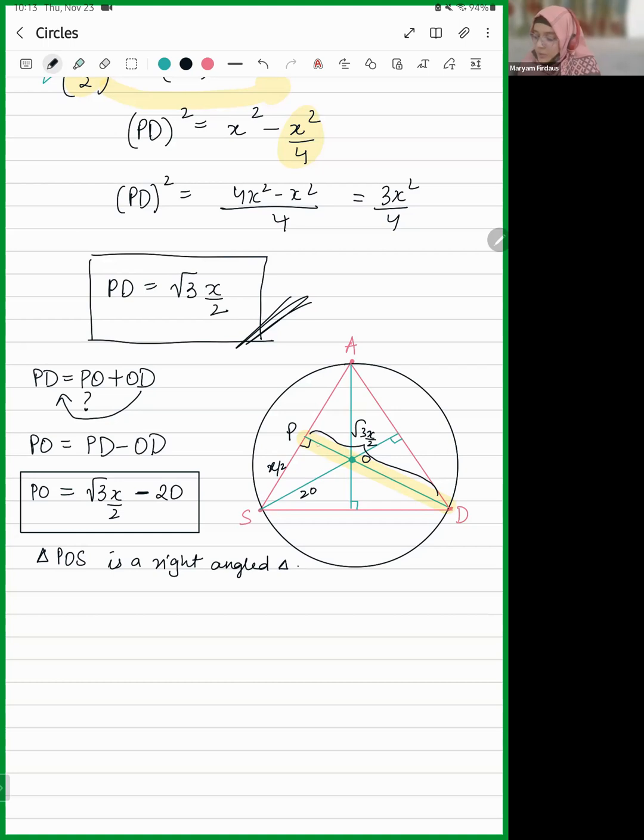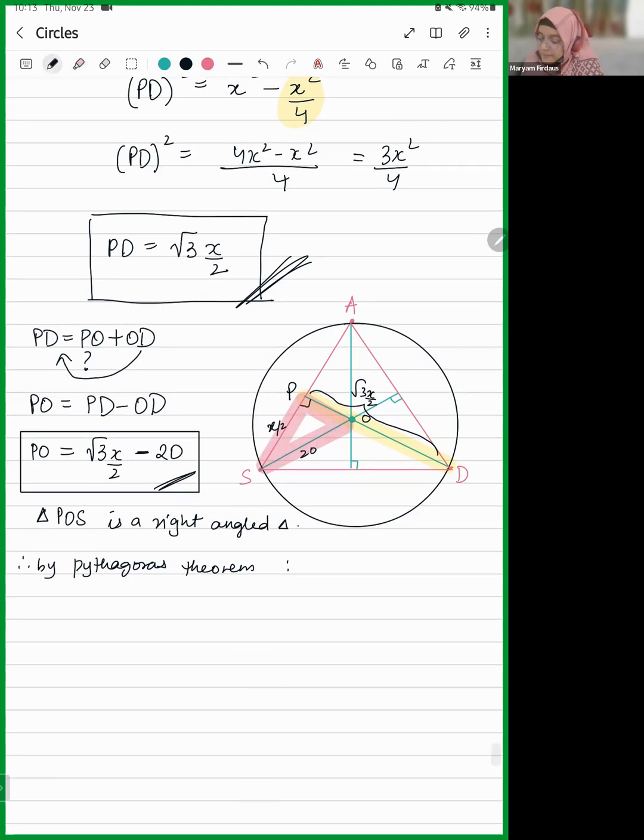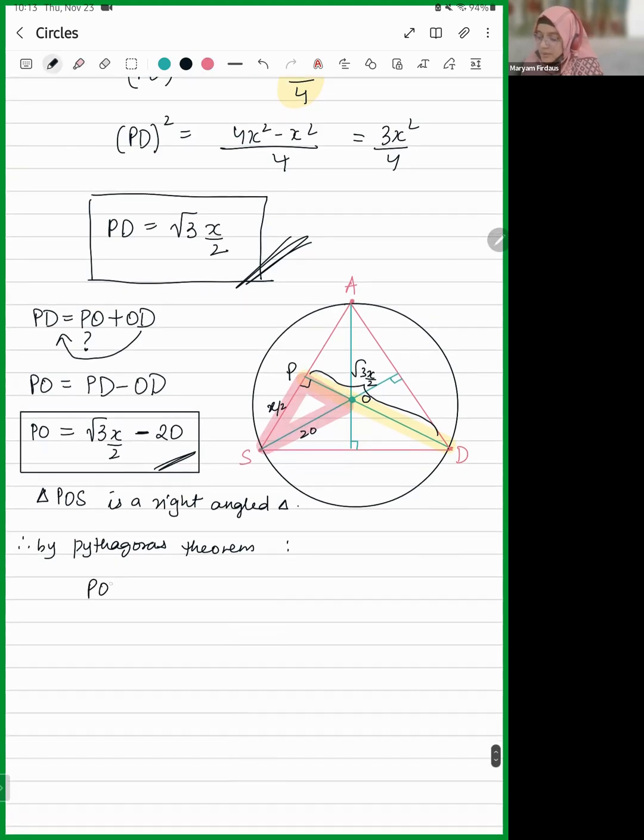And PO we just now found, and PS is x by 2. So let's apply Pythagoras theorem. Therefore, by Pythagoras theorem, in triangle POS, we have PO whole square plus PS whole square is equal to OS whole square.